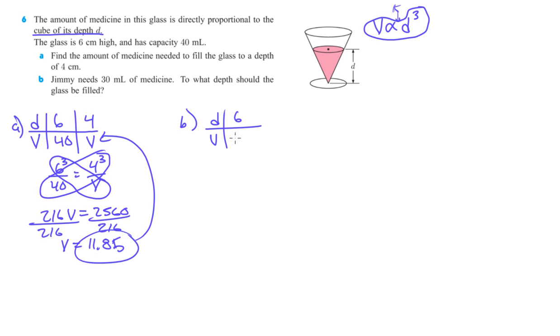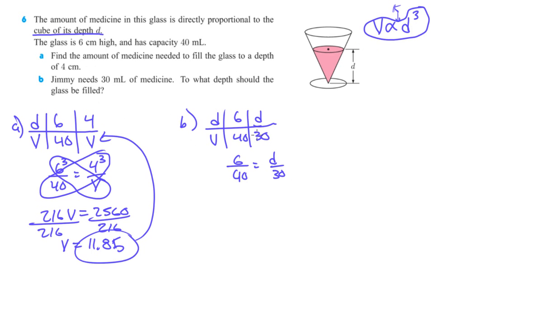We got 6 is to 40, and now it says Jimmy needs 30 milliliters of medicine, that's our volume. To what depth should the glass be filled? So that's d here. We set it up: 6 over 40 equals d over 30. We check our direct variation statement here.